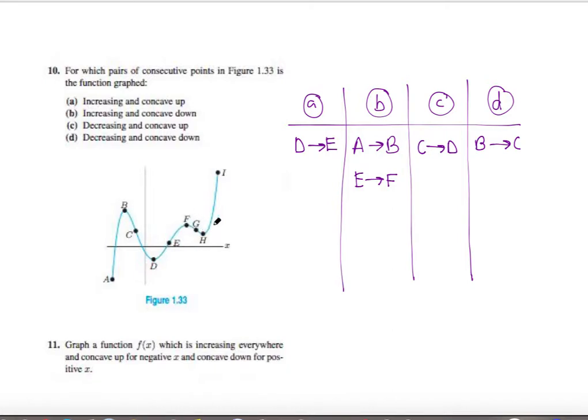So I'm decreasing concave down from F to G. Then from G to H, it looks like it turns around again and starts curving upward. So I'm decreasing, but I'm concave up. And then from H to I, I'm increasing very obviously while curving upward. So I'm increasing concave up from H to I.